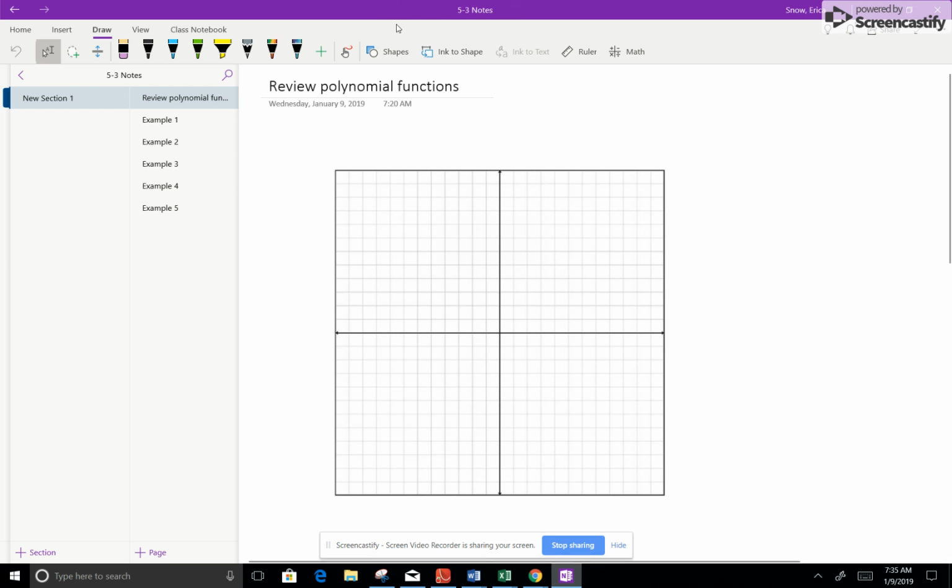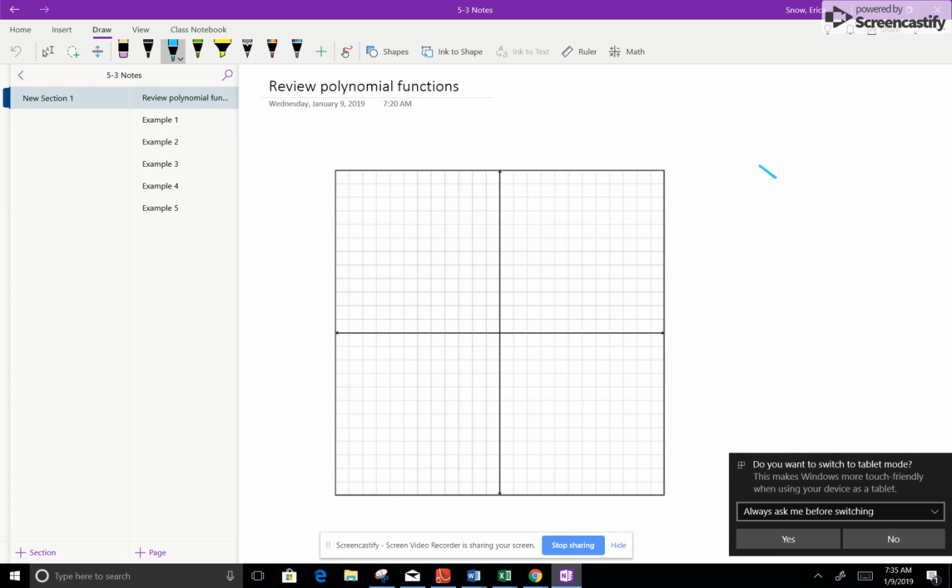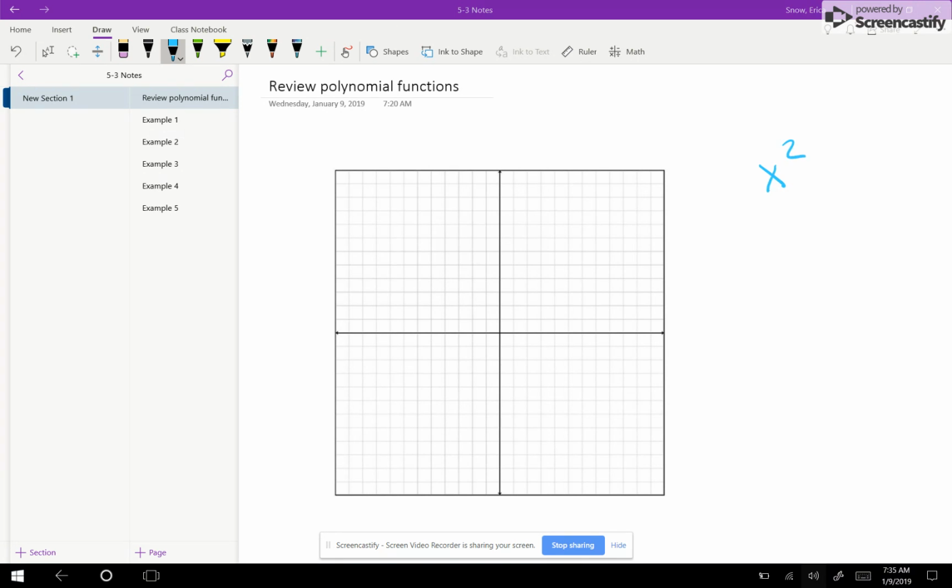Hello, today we are doing 5-3, and I'm going to start with a little review of the graphs of polynomial functions. So if you will recall, when we graph a square, it looks like a parabola.